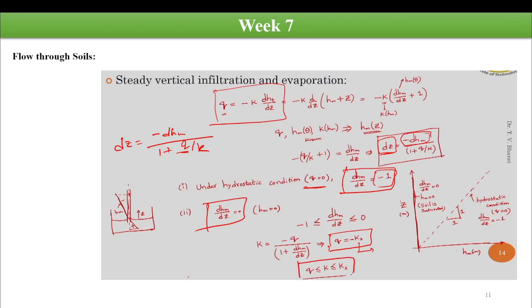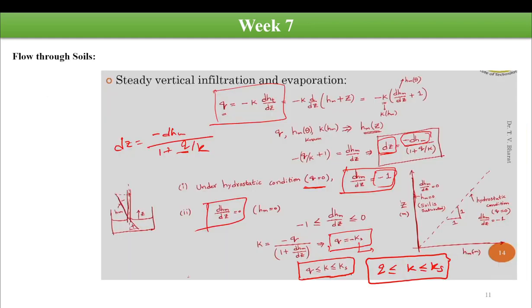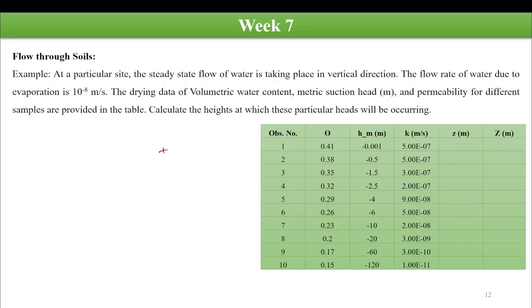Okay, so this expression can be written as Q being smaller than or equal to the hydraulic conductivity function, and the Ks, the saturated hydraulic conductivity, will always be greater than the flow rate. Fine. So moving on further to an example here, it's written that at a particular site, the steady state flow of water is taking place in a vertical direction.